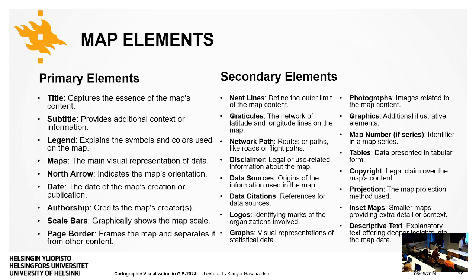But on the other hand, if you're making a map of Helsinki and you want to present it to, I don't know, an international audience who may not know very well where Helsinki is or how it is oriented, then it might be a good addition. So it really depends on what the map is made for or who it is made for. So there are these primary elements that we very often need, at least some of them, and secondary elements that really depend.